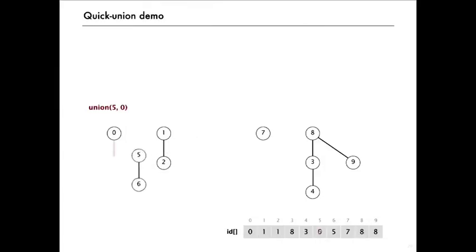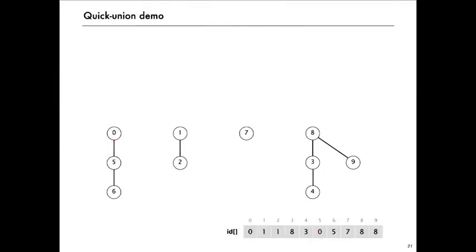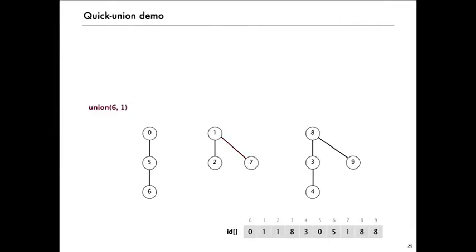5 and 0, 5 goes to be a child of 0. 7 and 2, 7 goes to be a child of 2's root, which is 1. 6 and 1, 6's root is 0, 1's its own root, so 0 becomes a child of 1.